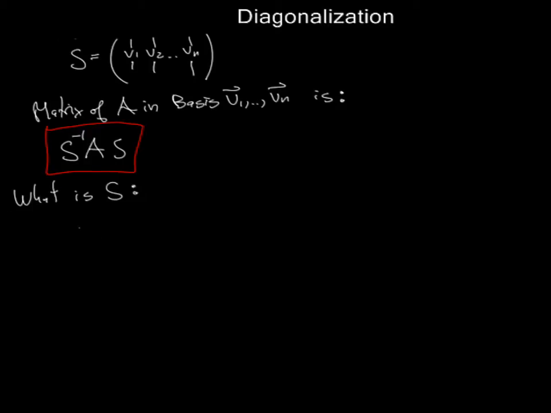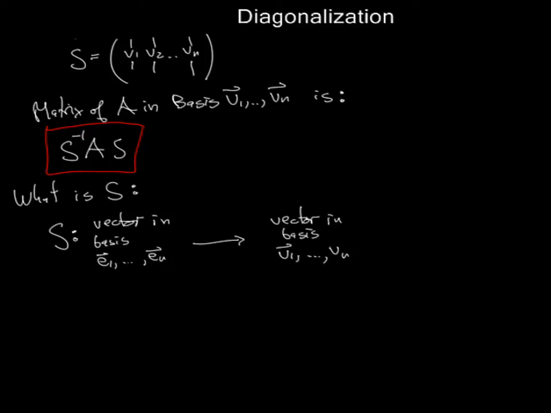So, what is the meaning of this S? Well, what S does is it takes a vector in the basis of the Eis, the usual basis, and it hands you a vector, the same vector, in the other basis. That is to say, S goes this way and S inverse goes the other way. So, for example, what do I mean by that?